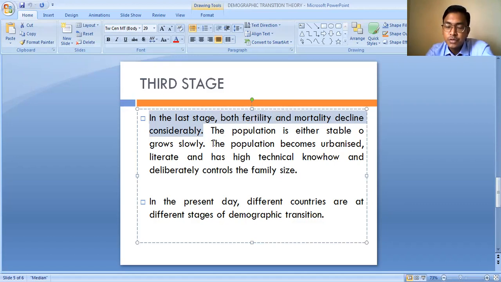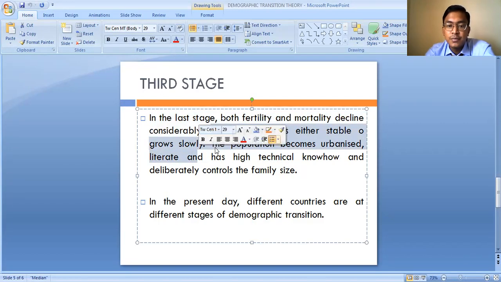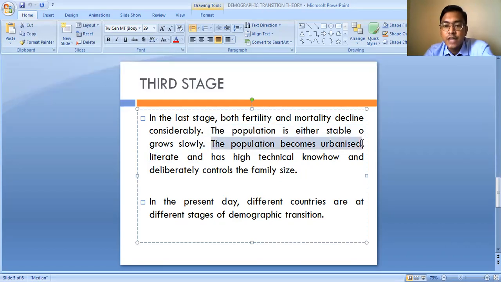Most of the developed countries at present are in this third stage, like most of the European countries. The population is either stable or grows slowly, and the society becomes urbanized.